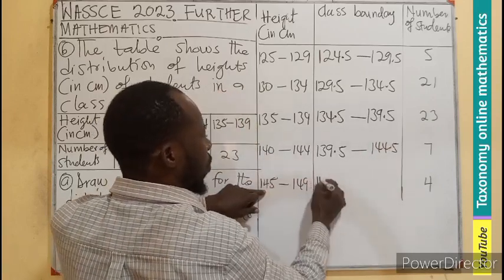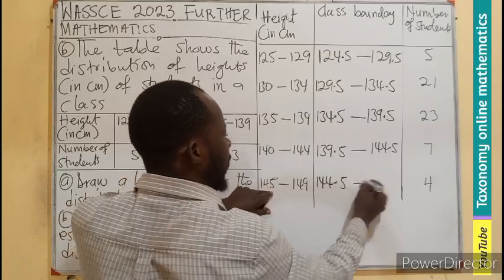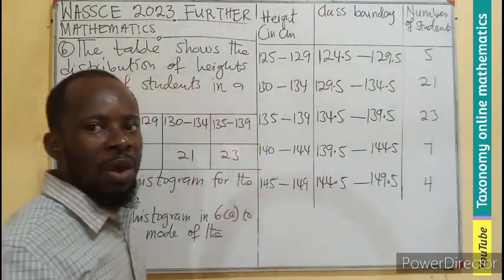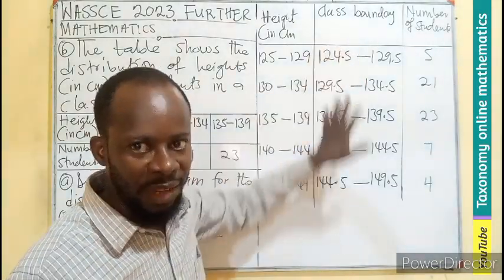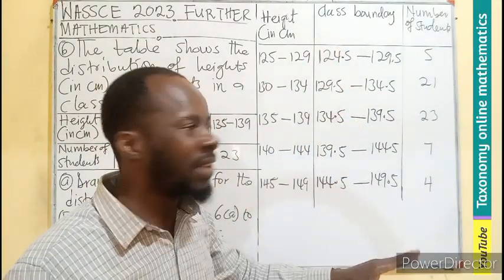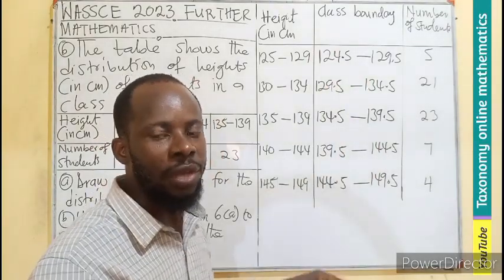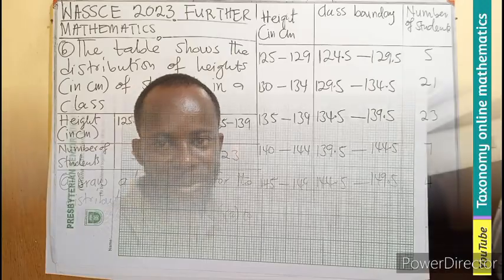Let's subtract, 144.5, then 149.5. So now we are going to be using this class boundary on our x-axis, then the number of students on the y-axis to draw the histogram. So let's see how we can put this into a diagram.